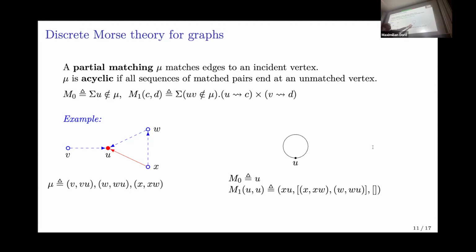We have only this U as a 0 cell, and then we have a line which is induced by this unmatched edge XU, and it's connected to U by going along this path, and by staying constantly at U on the other side. So in this way, it looks a bit annoying, but this is really only the combinatorial data which says we have a single loop around our U. So in this way, we reduced our graph to this smaller thing.